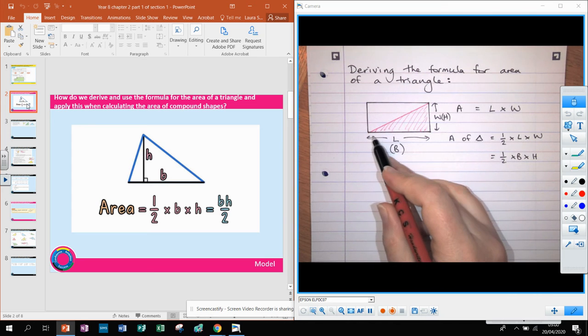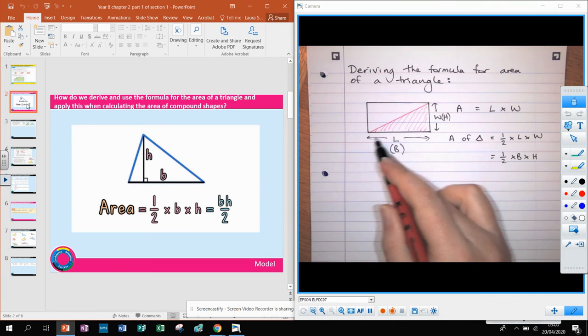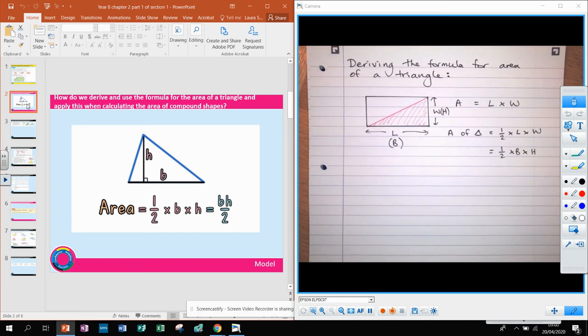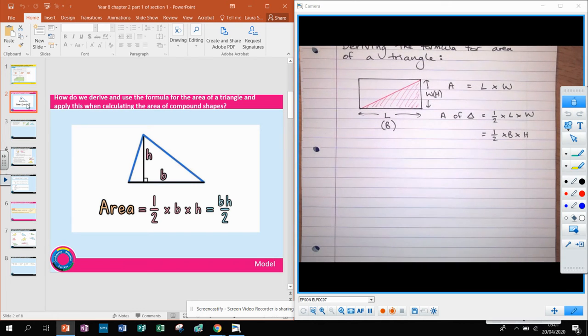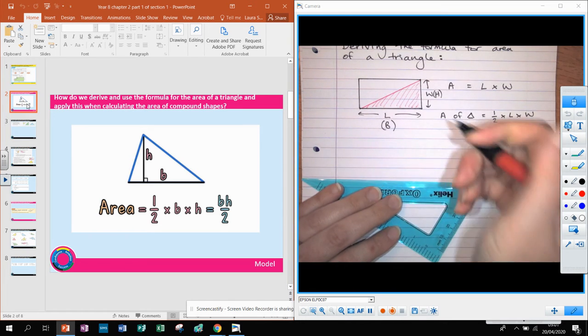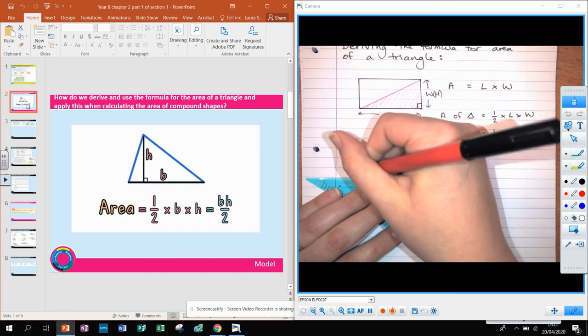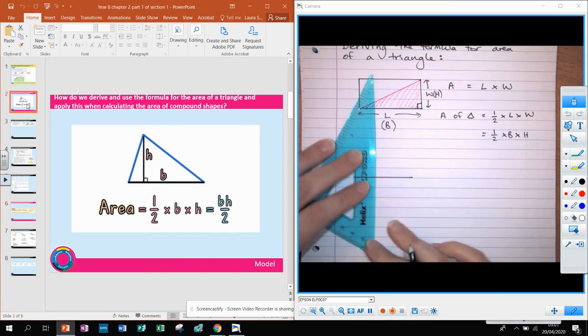Okay, we've decided in triangles we're going to call the bottom of the triangle the base and the perpendicular height the height. Okay, and that is why we have that. And then you might wonder, well, why didn't we just stick with length and width? It's because some triangles, of course, aren't going to be right angle triangles like this one. They're going to be triangles like this, like in our diagram there.